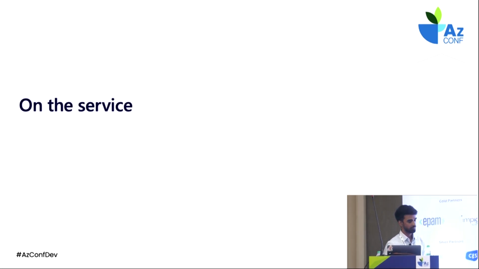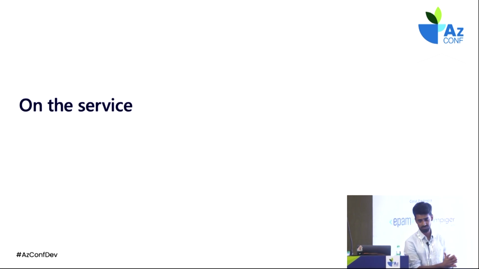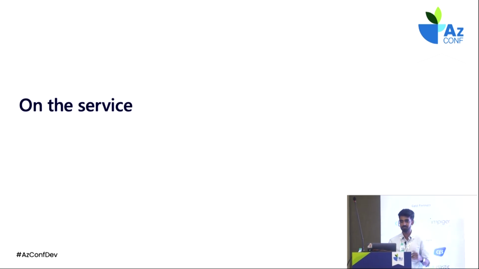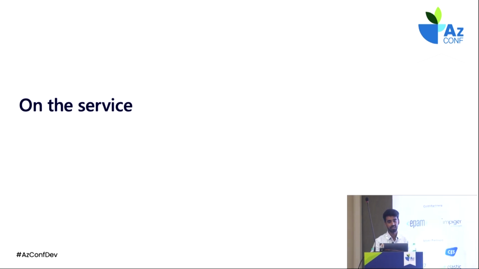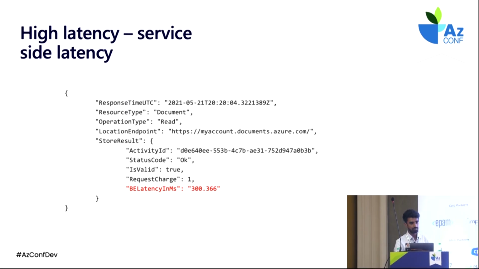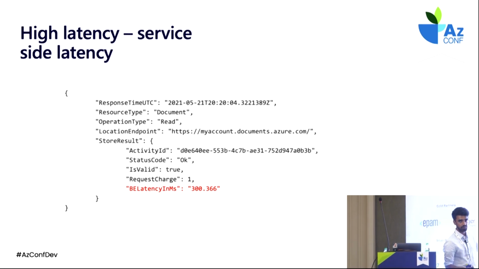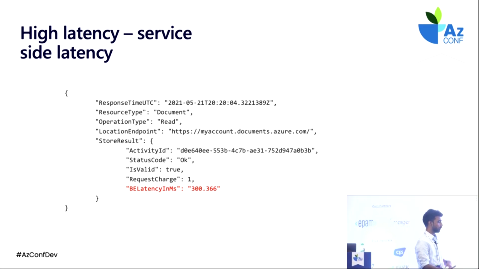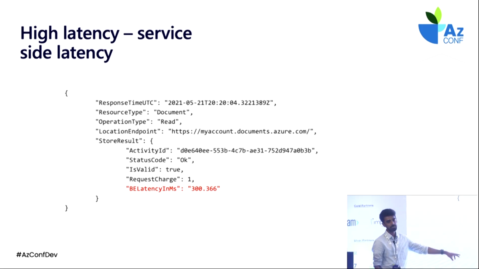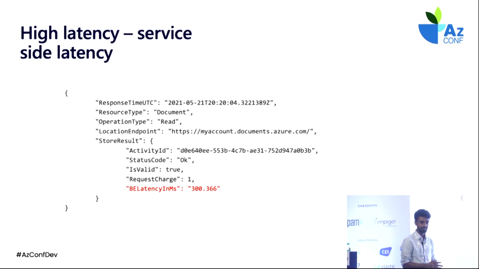On the service, I will quickly cover in 2 minutes. This can happen on the client as well as on the service. On the server side, one of the interesting scenarios is high latency, right? You can identify high latency if you have enabled diagnostic logs on your portal or even on the SDKs; you would see a parameter called backend latency in milliseconds.